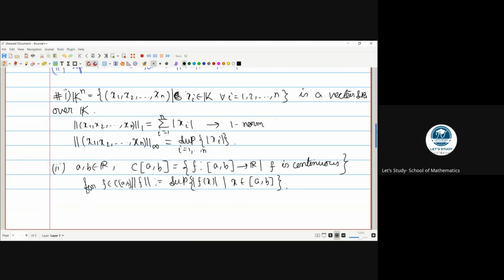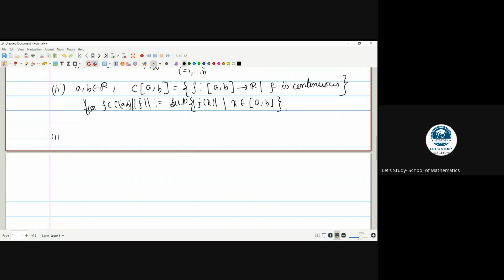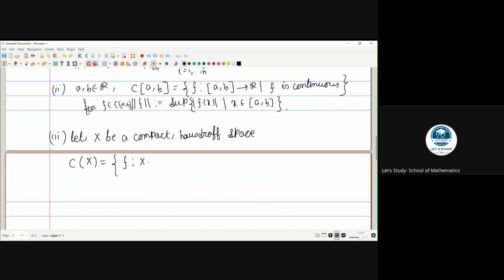So for the third example, we will take: let X be a compact Hausdorff space, and f from X to R such that f is continuous.